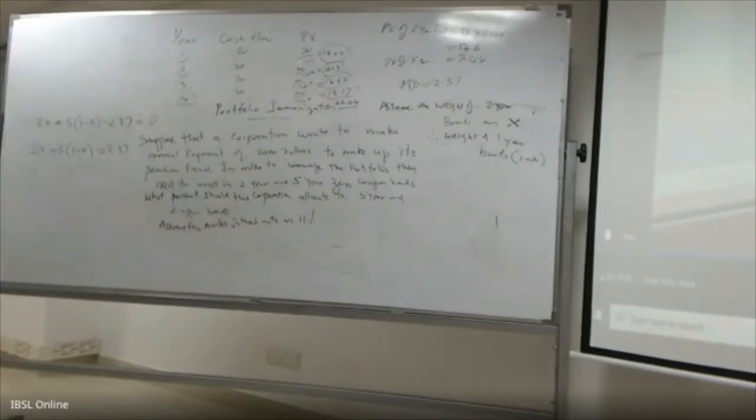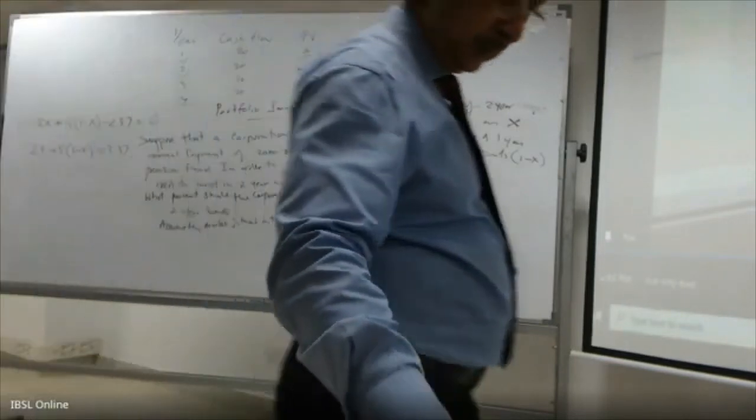The yield has been given, no? 11%. Then for the 2-year bond, what would be the face value? This is the present value. The future value you have to get. How do we get the face value? 1.11 to the power 2. So you have to multiply 54.6 with 1.11 to the power 2.